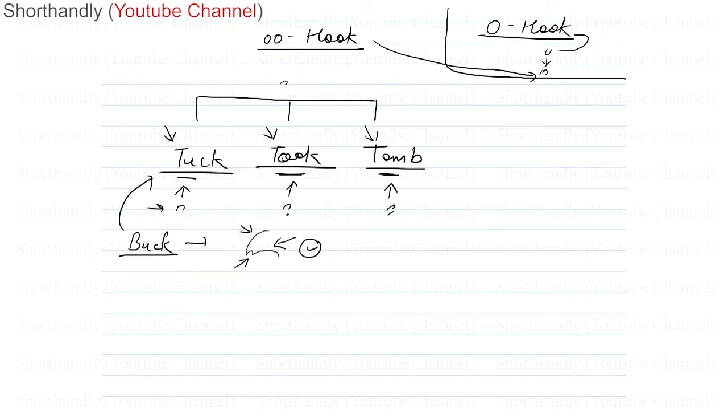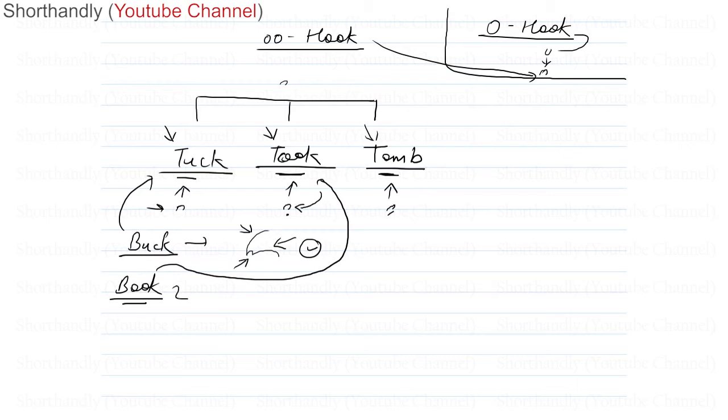Let's take the next one, a word called book. So we have the sound as in took. Here we're going to be using this hook and a dot to represent this sound.